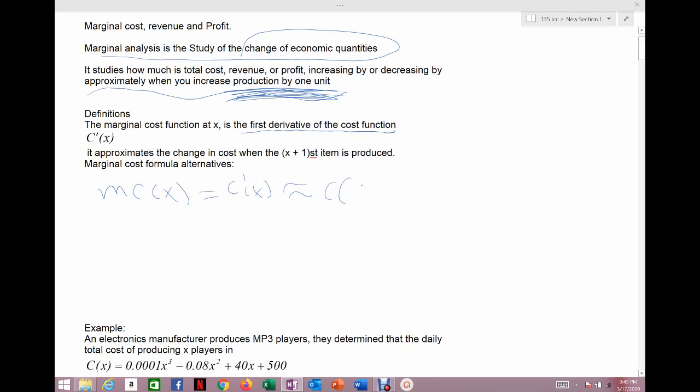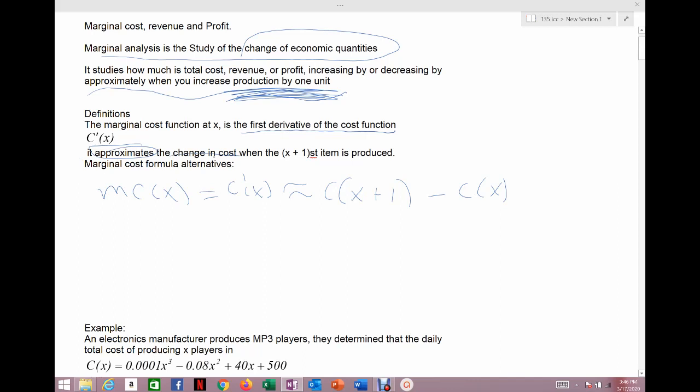So it's the difference in the cost for 1 unit. It's the additional cost when we produce the next item. It is an approximate change in the cost. It's not exact, and we'll look at an example of that.